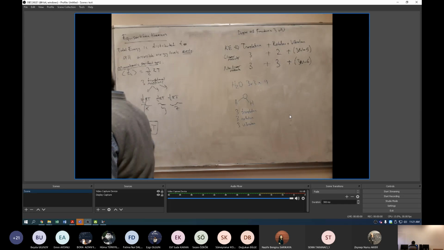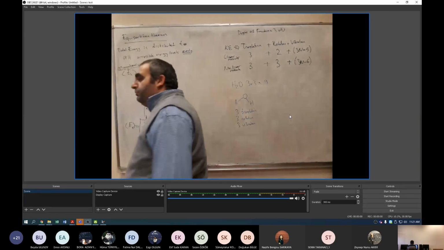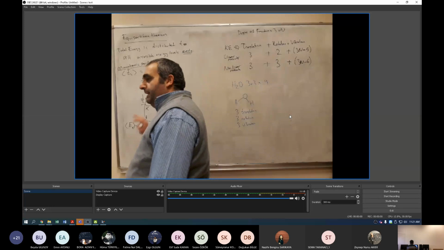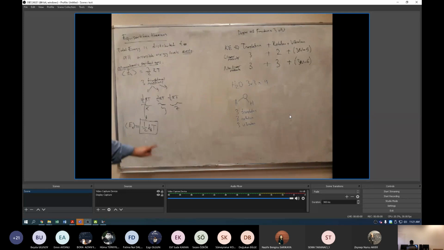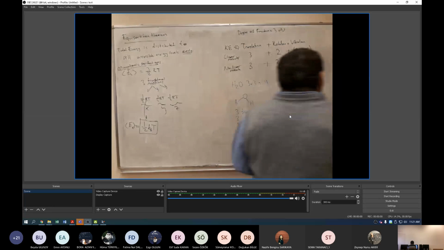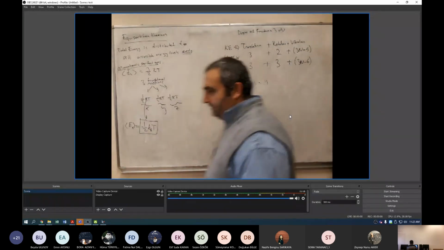For each allowed or accessible energy state, there is only 1/2 kT energy distributed in that state. So if we can find out what the total energy of the molecule is, we can easily calculate how much of that is distributed in each state by using this equipartition theorem.